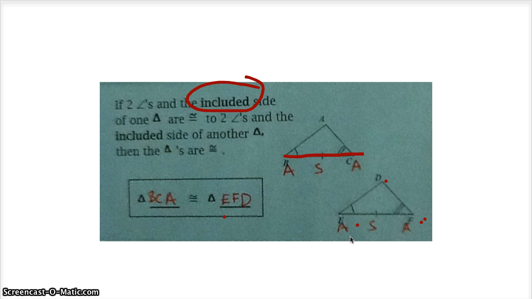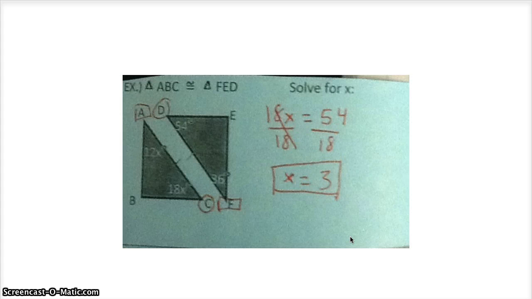Look at the example on the left-hand side, and try to do it without me first. Alright, now on this one, hopefully you found out x equals 3. They asked you to solve for x. And if you look at the congruency statement, A and C was the last letters.